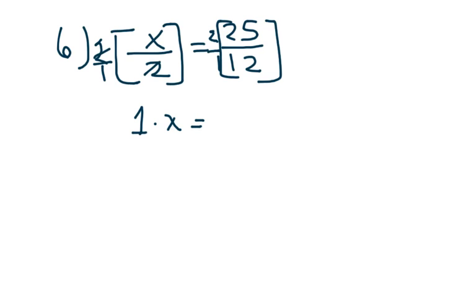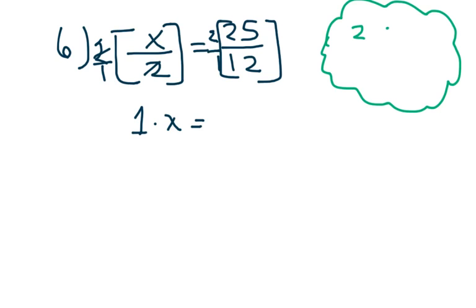Now what I'm going to do over here on the side, and this is my thinking cap here, when I have 2 times 25 over 12, especially if you don't have a calculator, I'm going to go ahead and reduce 2 into 12.